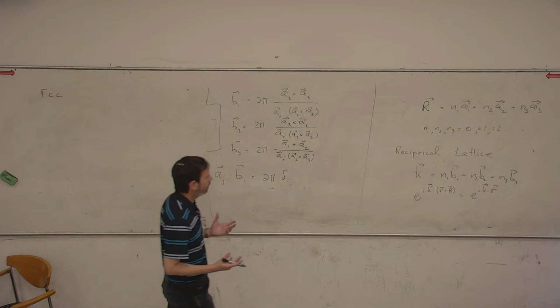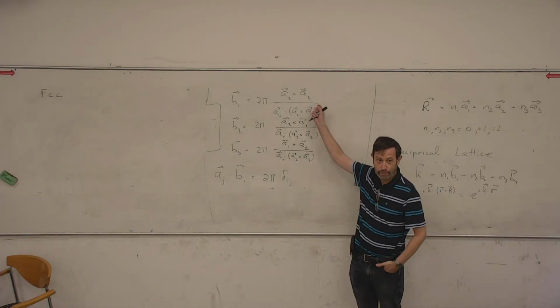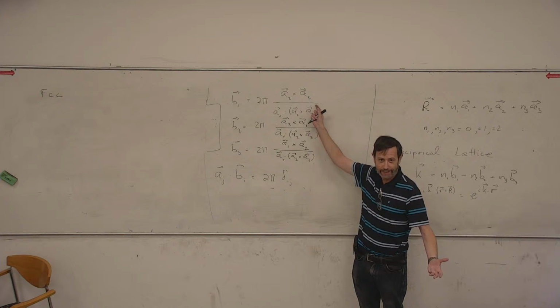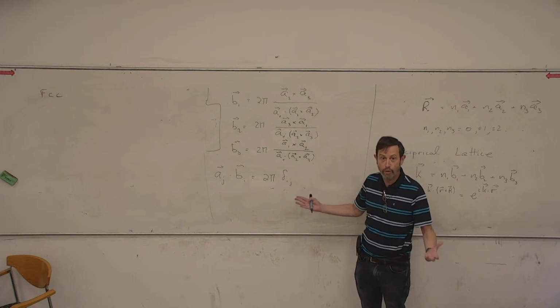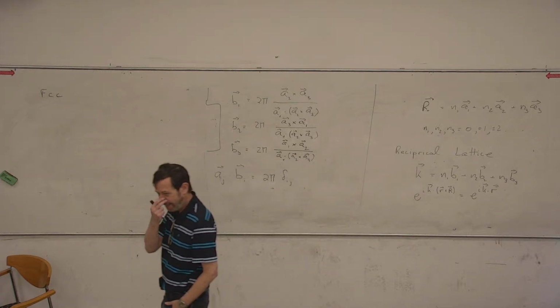And for some reason, students start to try to feed this, and they don't have 3 vectors. And after catatonically staring at the page, at their exam for half an hour, they come up: but I don't have 3 lattice vectors.